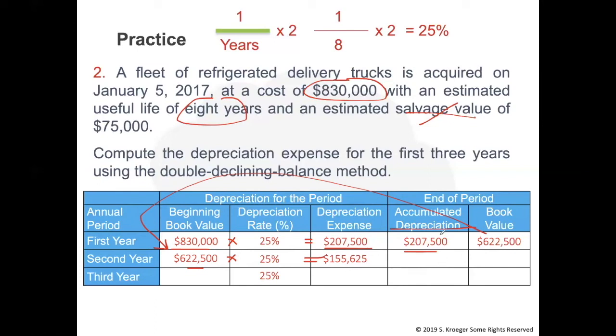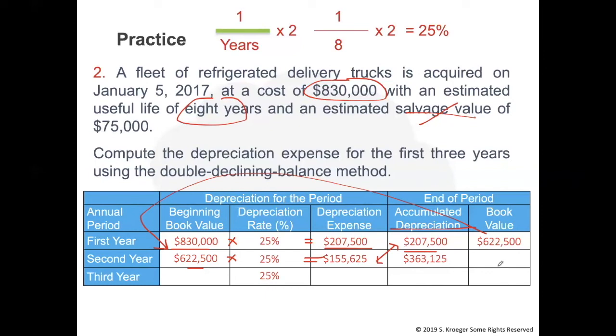Now what changes is my accumulated depreciation. It was at 207,500 plus this 155,625. Remember, accumulated depreciation accumulates. It keeps getting bigger and bigger each year. We will add these two numbers together to get $363,125.